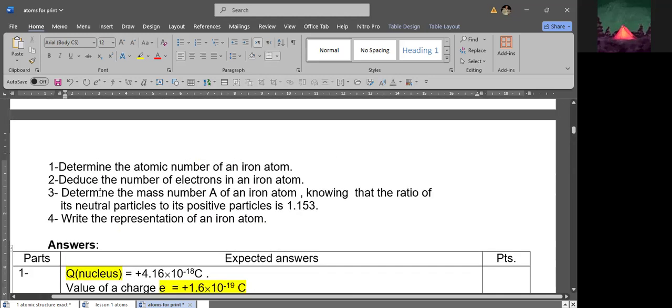Third question: determine the mass number A of an iron atom, knowing that the ratio of its neutral particles to its positive particles is 1.153.